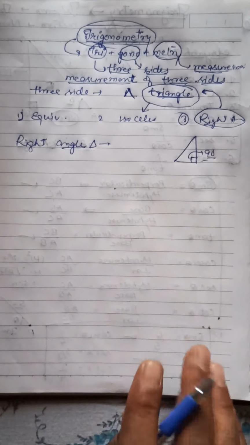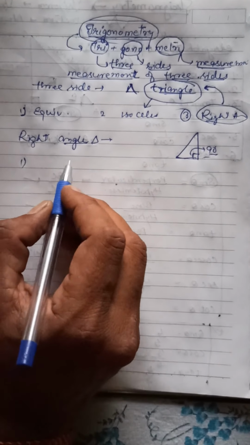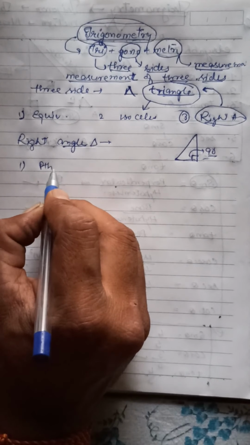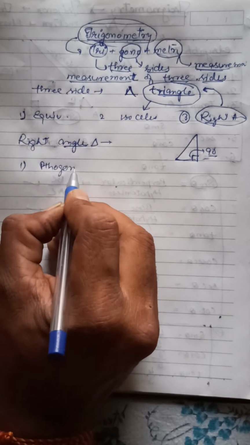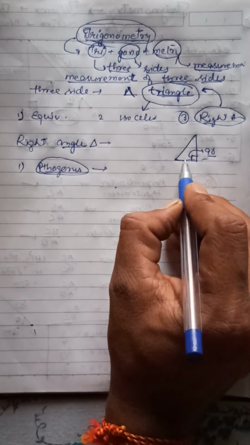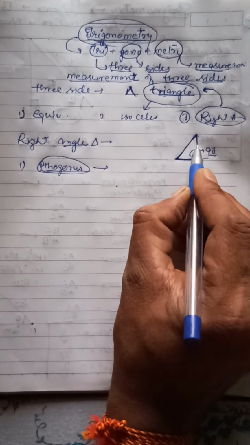You have studied the properties of the right angle triangle in 7th class. Which property? You remember the Pythagoras theorem, right? What does the Pythagoras theorem say?